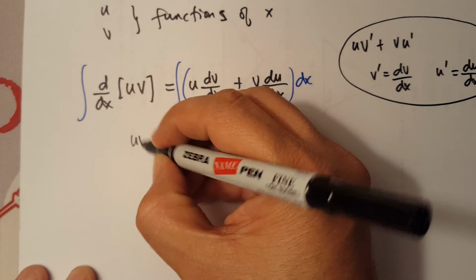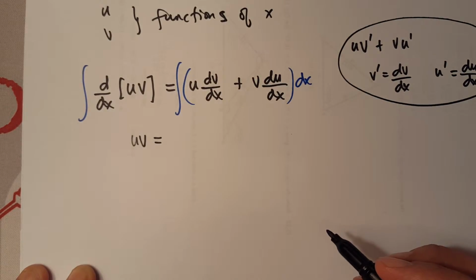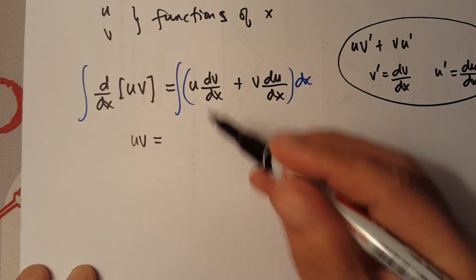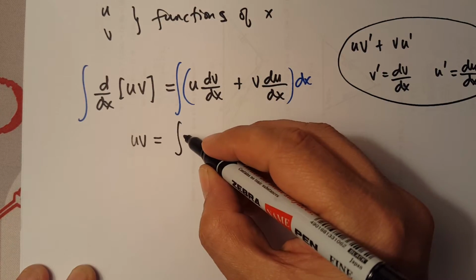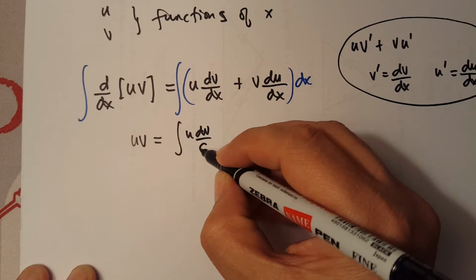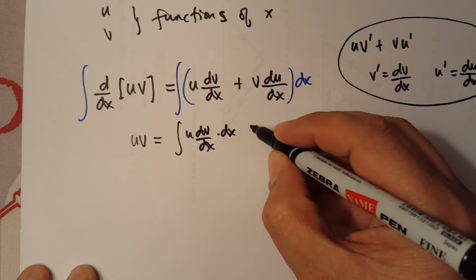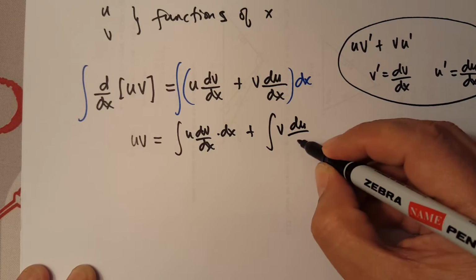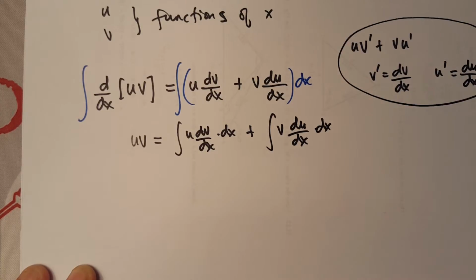So what you have here is simply u times v, and we can take the integral of each term separately. So we have the integral of u times dv over dx plus the integral of v du over dx times dx.